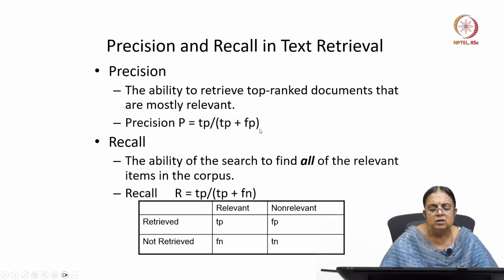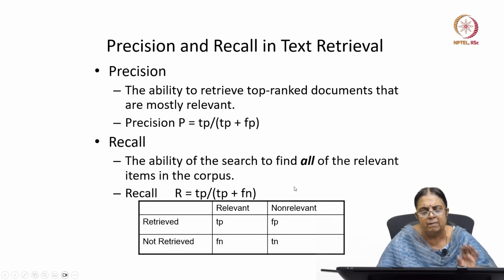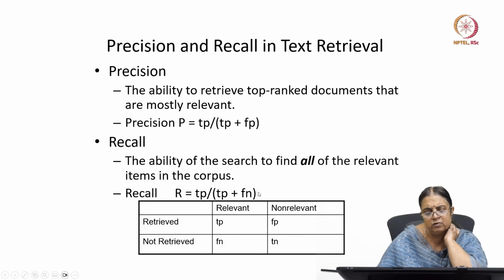So precision is the ratio of what has been classified correctly divided by everything that was classified positive. Then we have the recall, the ability to find all of the relevant items. In other words, it's TP divided by TP plus FN. So this gives you the recall.